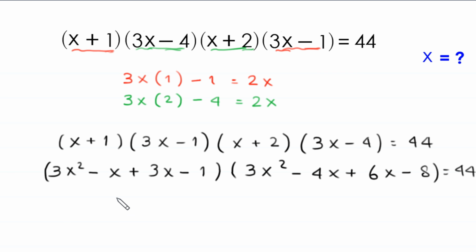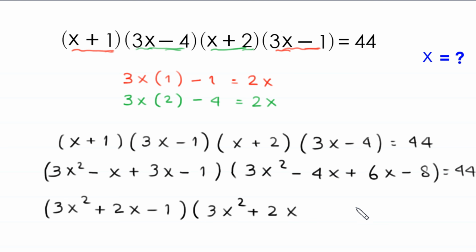Further simplify, this will become (3x squared plus 2x minus 1) times (3x squared plus 2x minus 8), and we rewrite this negative 8 as negative 1 minus 7, equal to 44.